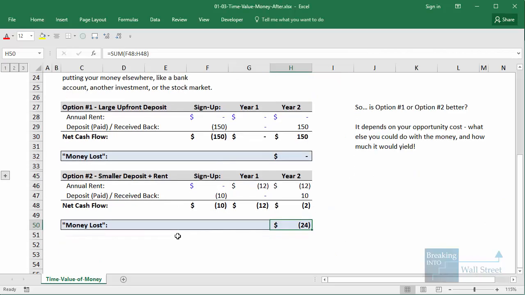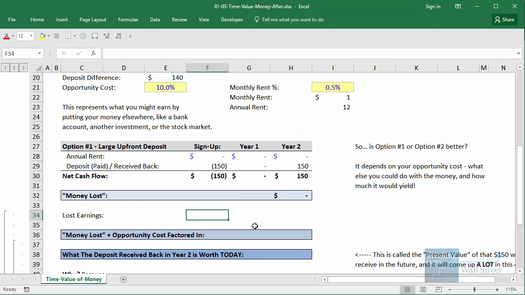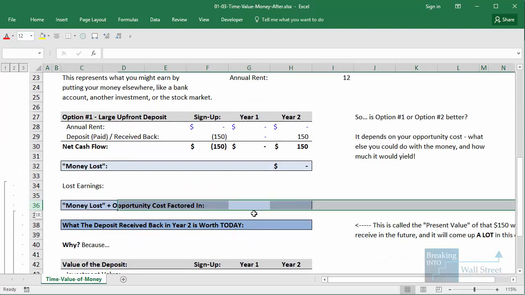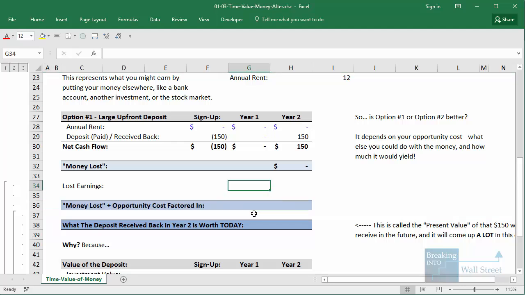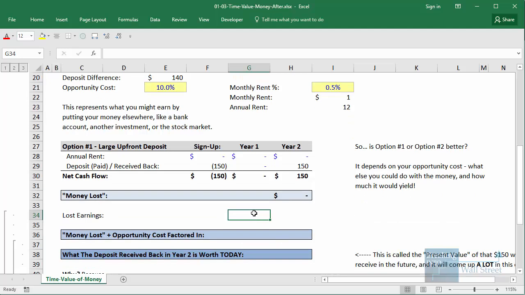And just like we're expanding our reasoning and thinking a little bit, I'm going to expand these rows in the Excel spreadsheet. And now we're going to look at money lost plus opportunity cost factored in. So first off, we need to look at the lost earnings here, because when we put down this $150,000, we lose something by not being able to invest it elsewhere.